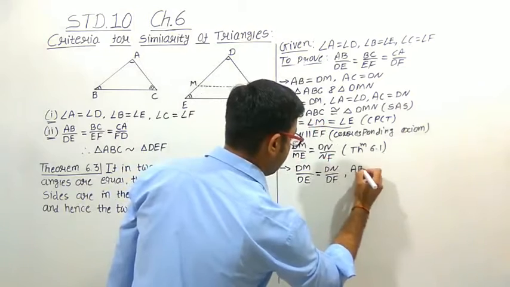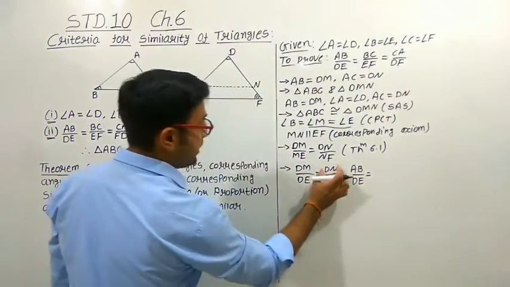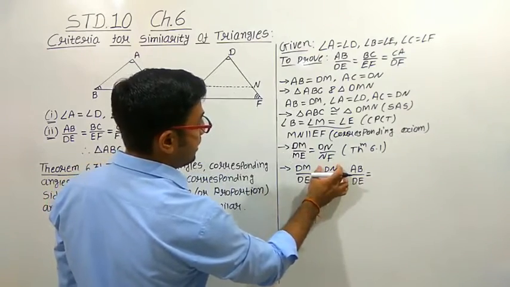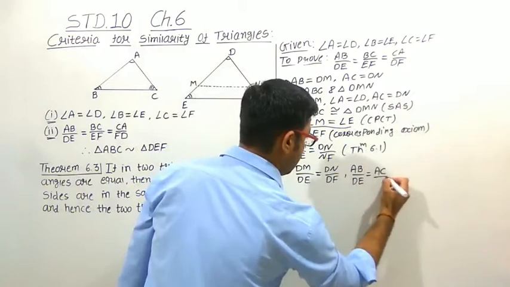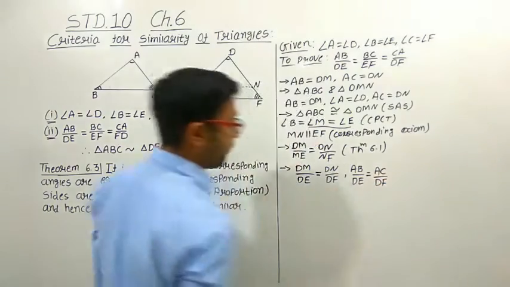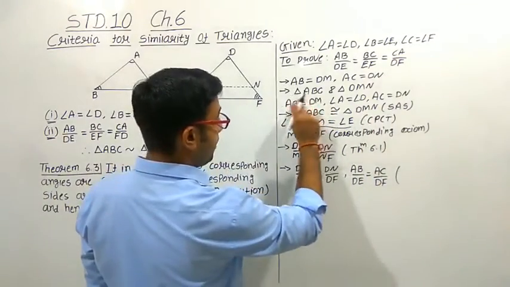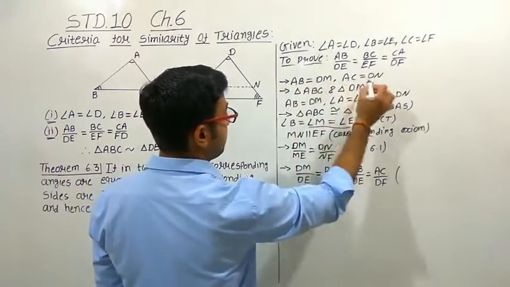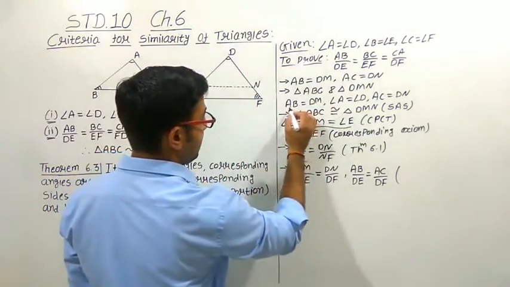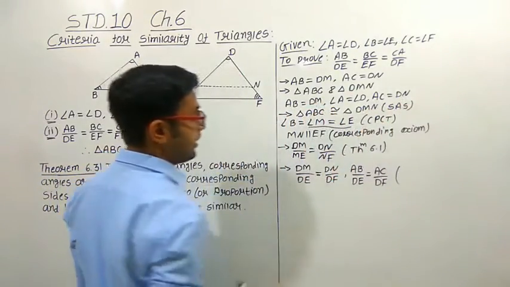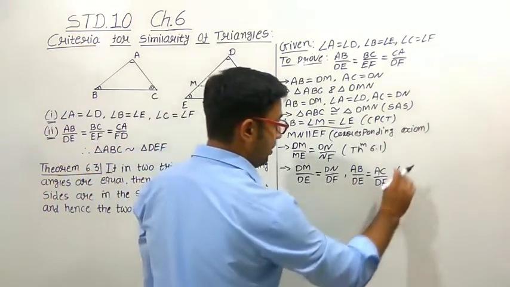So AB upon DE is equal to, instead of DN, AC upon DF, right? As we have already written when we constructed M and N, AB and DM are equal, AC and DN are equal. So here we get the result that AB upon DE is equal to AC upon DF.